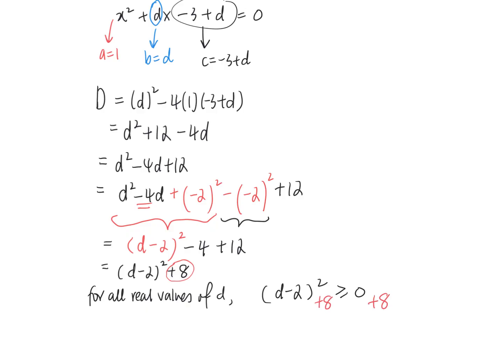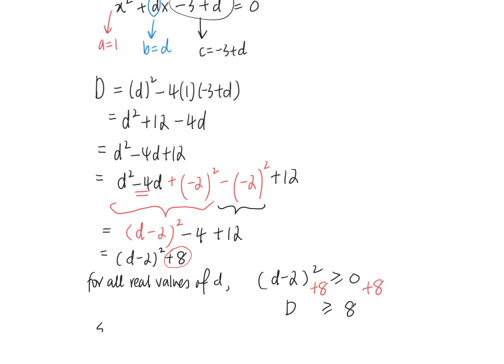So the left hand side is your discriminant. We have just proven that discriminant is always greater or equal to 8. So since it is positive, therefore it has real and distinct roots. 2 real and distinct roots. Shown.